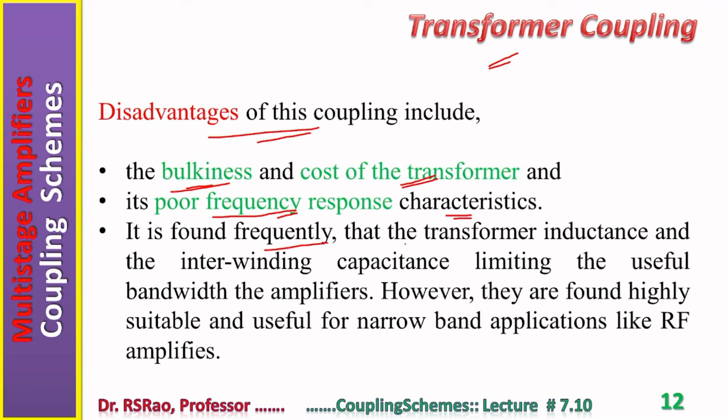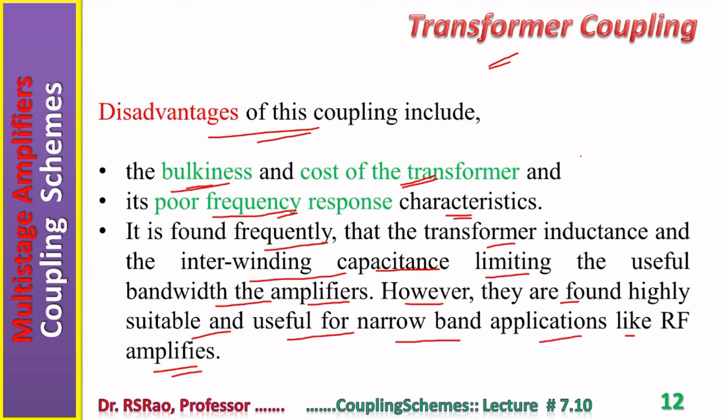It is found frequently that transformer inductance and interwinding capacitance limit the useful bandwidth of the amplifiers. However, they are found highly suitable and useful for narrowband applications like RF amplifiers. So the problem with transformer coupling is its narrow bandedness, lower bandwidth.